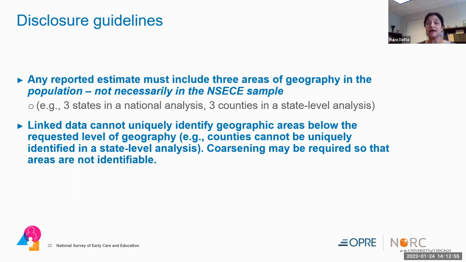So we might ask, if you had very detailed school district level information about pre-K programs, we might be able to link that, but we might ask you to coarsen your source data file so that individual school districts can't be identified. Maybe you had a teacher to student ratio that has 3 decimal places, which makes some school districts uniquely identifiable.